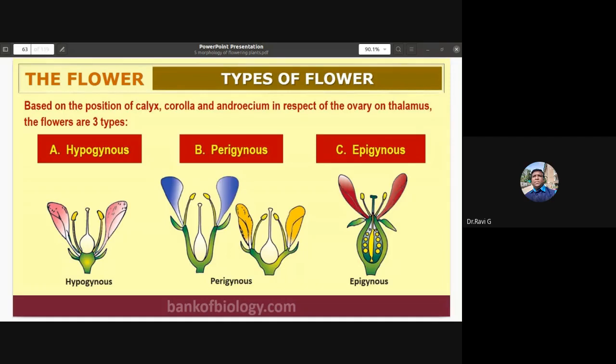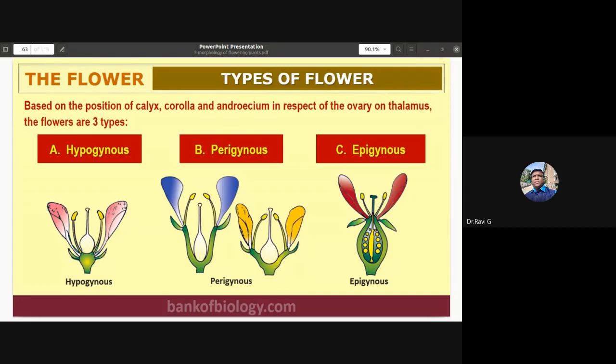The calyx, corolla, and androecium arise from in between the ovary. So the ovary is semi-superior, or you can call it semi-inferior in position. The ovary is half inside, half outside.